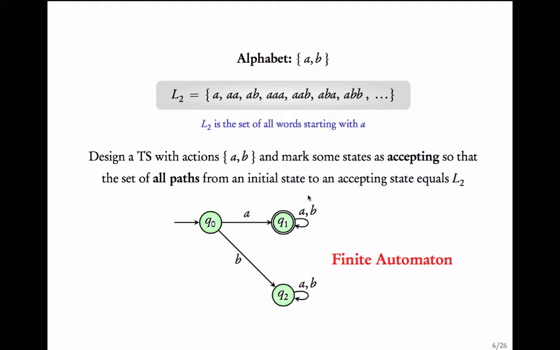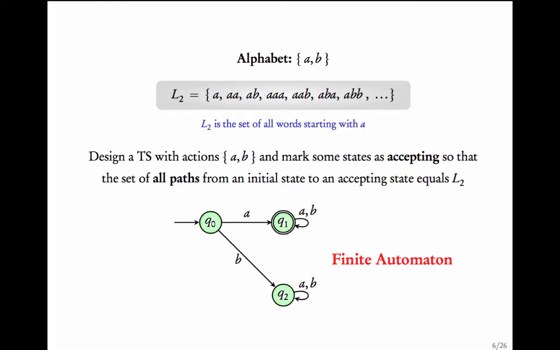This kind of a structure is called a finite automaton. There is not much difference from a transition system. The only difference is that we mark some states to be accepting, and we are mainly interested in the set of paths that take us from an initial state to an accepting state.